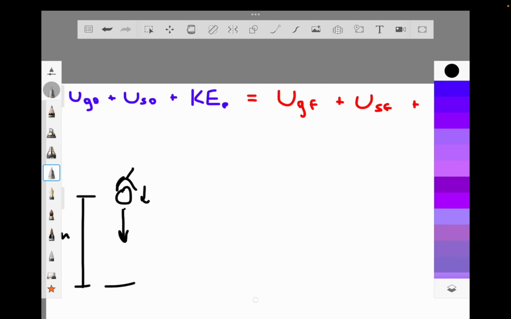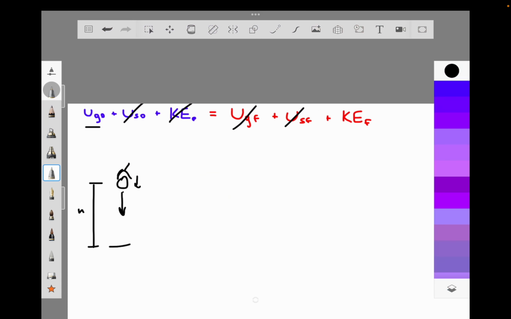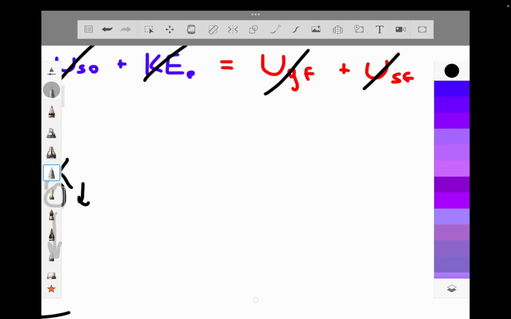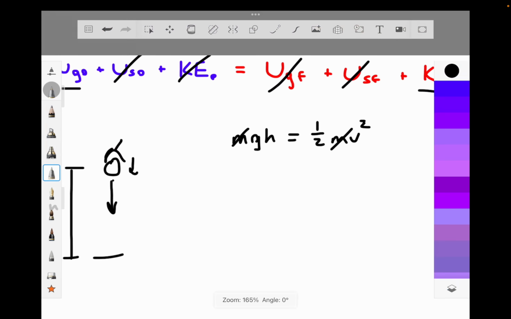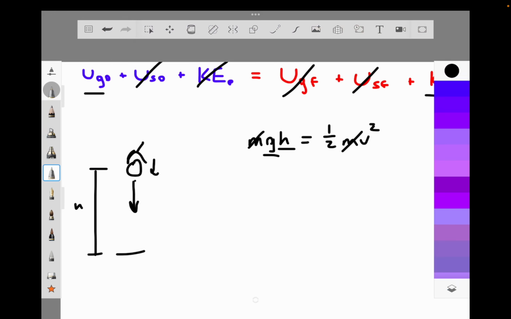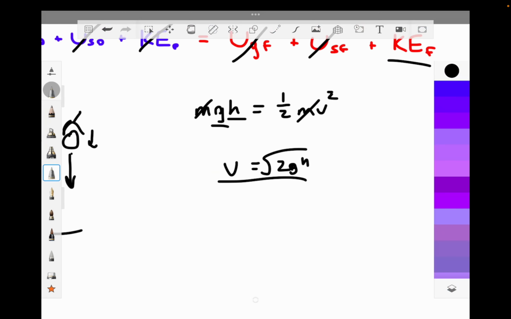That means there's no spring involved. It's initially not moving, and when it hits the floor there's no gravitational energy anymore. So you get Ugo equals Kef. Ugo is mgh, and Kef is 1/2 mv squared. The masses cancel out, so it doesn't matter. You have gravity and the height, and you just do v equals the square root of 2gh, and that's how you find the velocity just before it hits the ground.